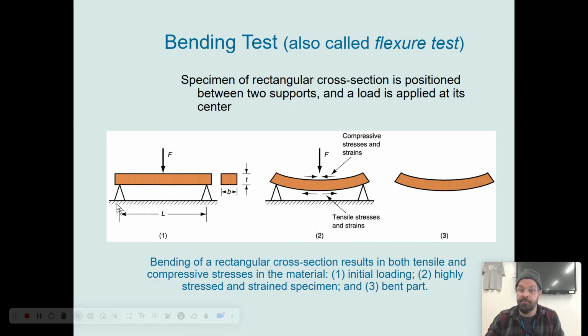Now, if you're just thinking about it logically, there are some very predictable factors that determine how much force you have to apply on an object to make it deform. One, how much force, both in the upward direction and in the downward direction in the middle. But it also depends on the shape and length of the material itself.